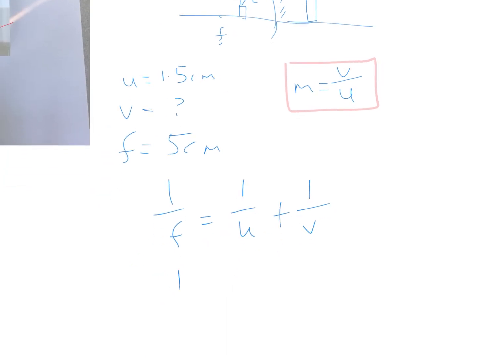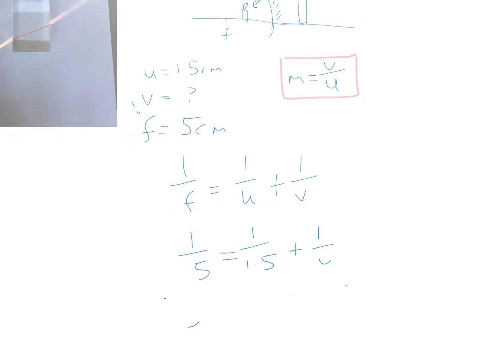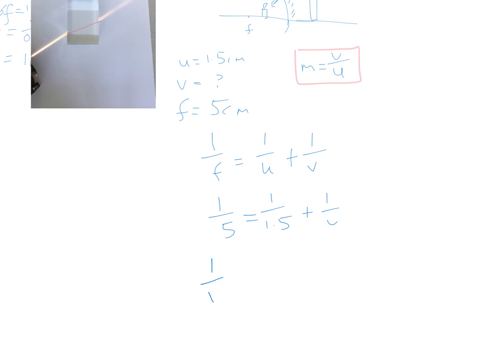So we can fill in what we know. We've got 1/5 is equal to 1 over 1.5 plus 1 over V. Rearranging this a little bit gives us 1 over V is equal to 1 over 5 minus 1 over 1.5.